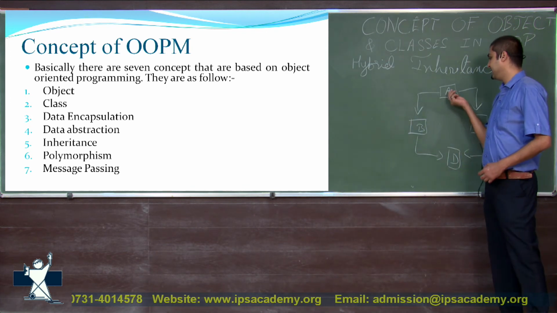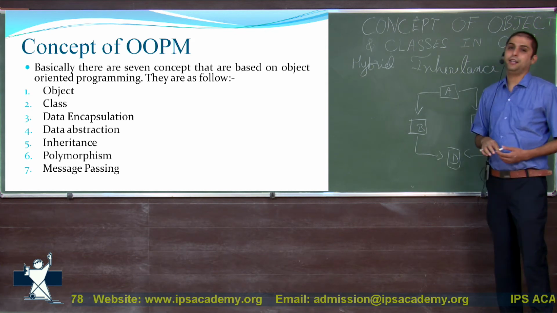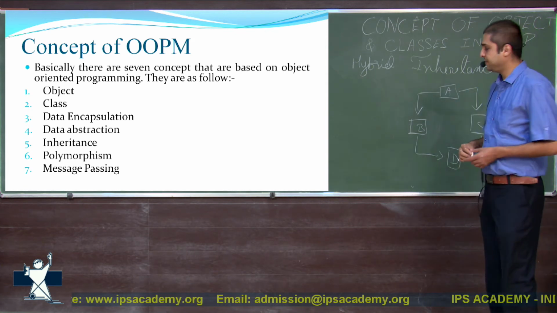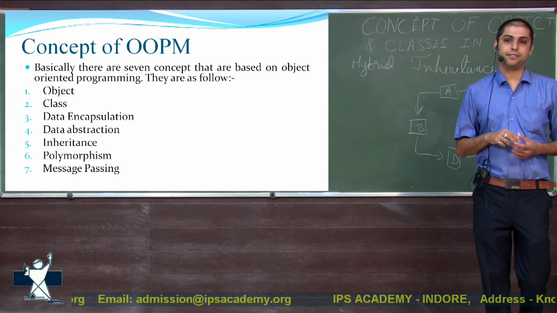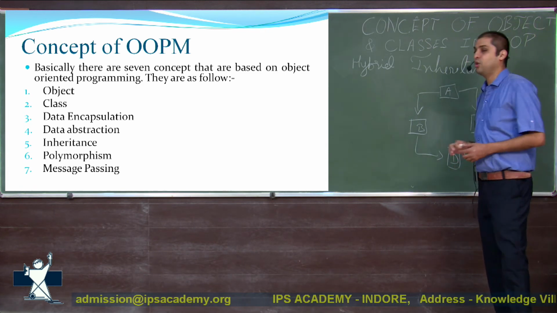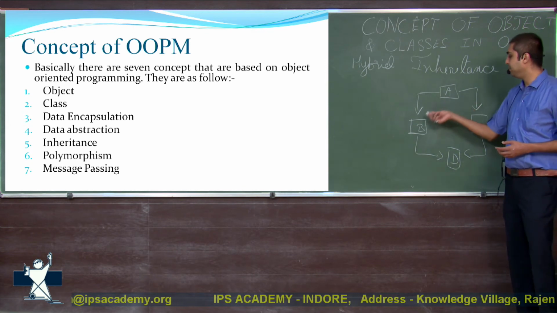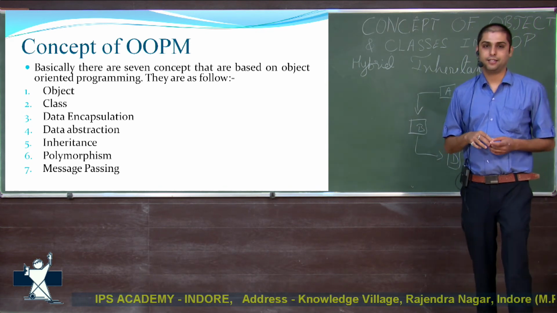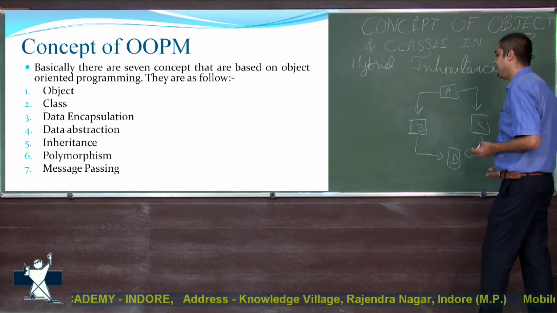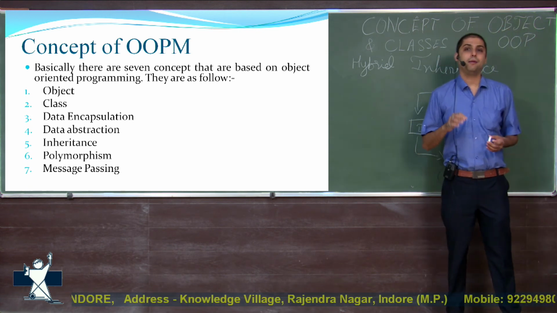We can say that A and B follow single inheritance, A, B, and C follow hierarchical inheritance, B, C, and D follow multiple inheritance, and A, B, C, and A, C, D follow multi-level inheritance. If we are following more than one inheritance, it can be considered as hybrid inheritance.